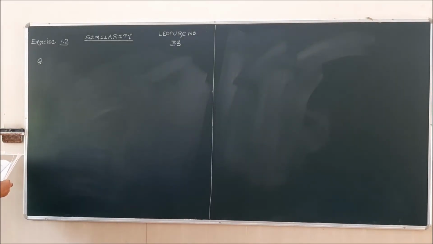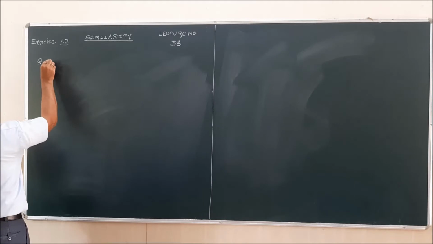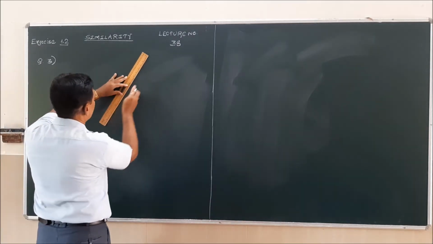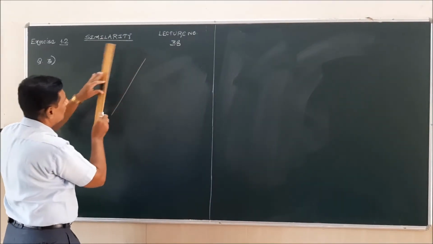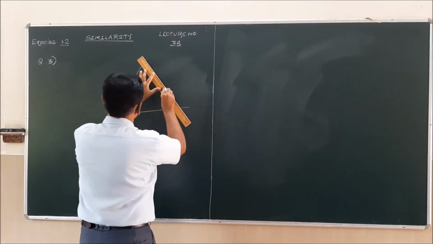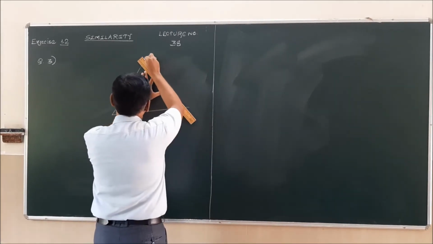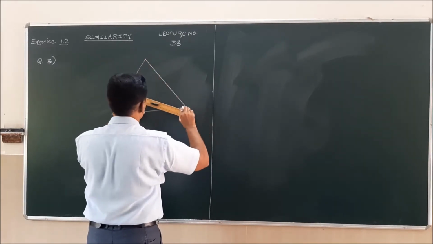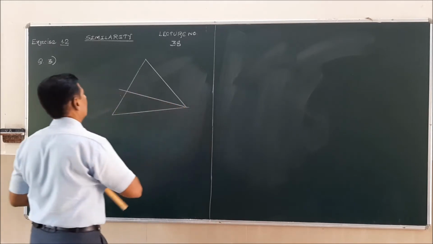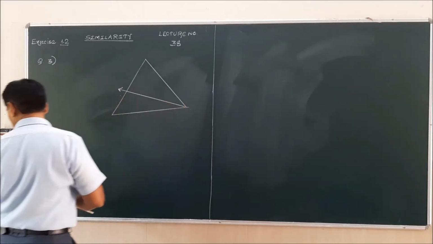Question number 3 is given here. In this case, you will find a triangle is there. In this triangle this is given. I don't know whether it is a bisector or not, or we have to verify.